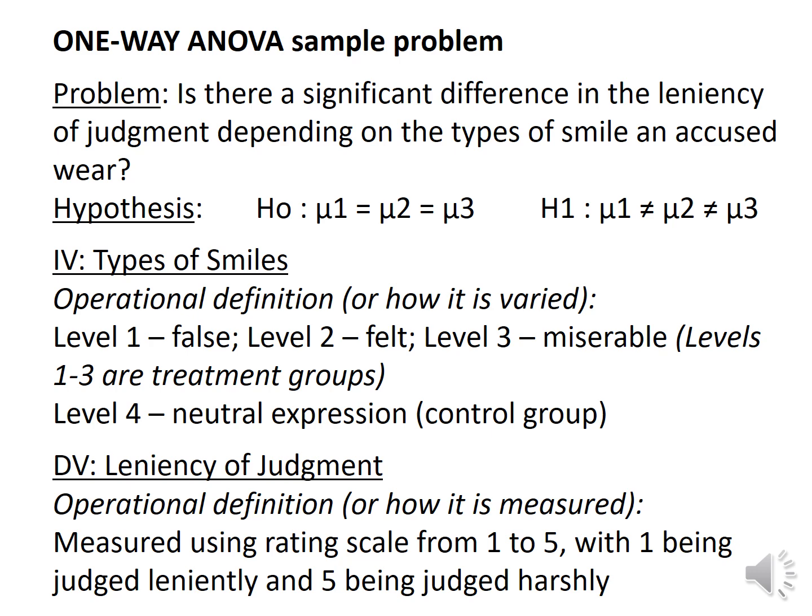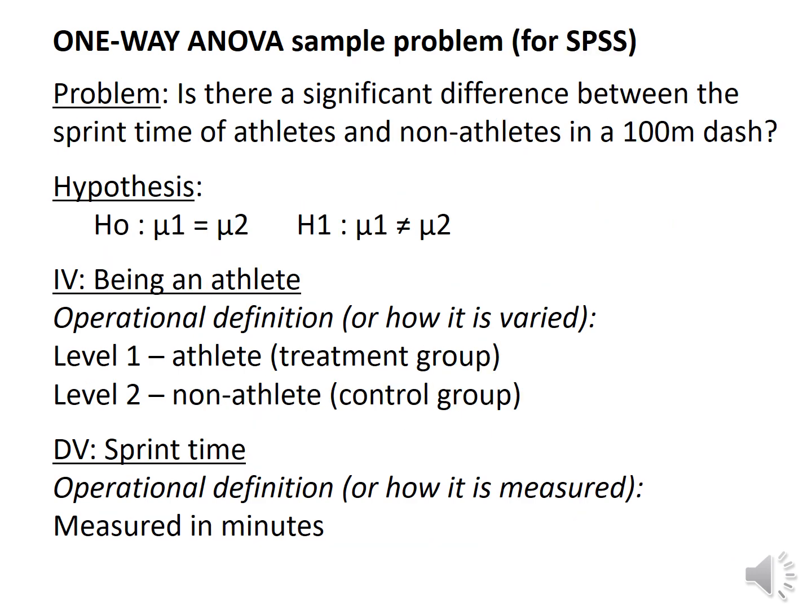Another possible problem for an ANOVA is another example, even if we only have 2 groups. If you remember what was said earlier, one-way ANOVA can actually be used to test the differences of at least 2 groups.